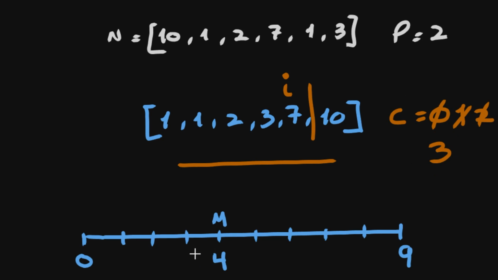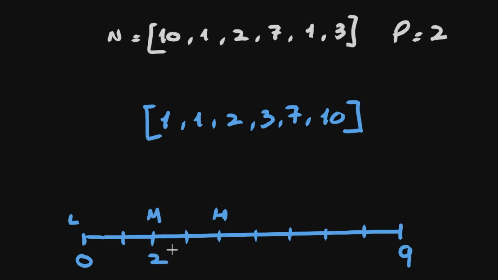So we can try a smaller limit here. We can move this mid pointer to the left. And the way to move this to the left is by moving the right pointer, or the high pointer, to the mid pointer. So now the high pointer is here at 4, the low pointer is at 0, and the mid pointer is at 2.